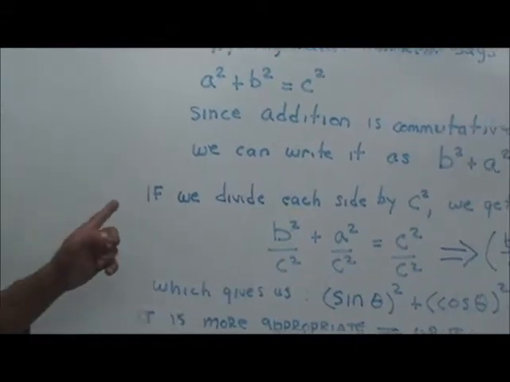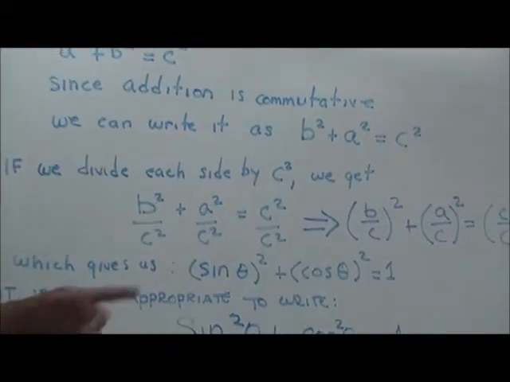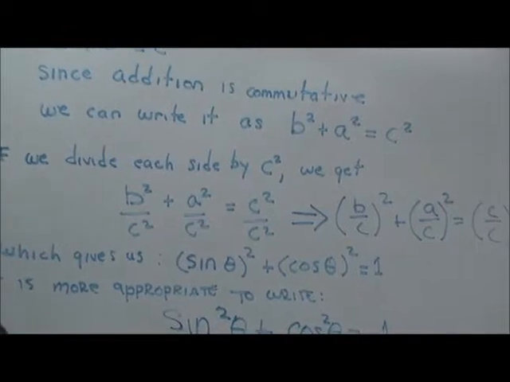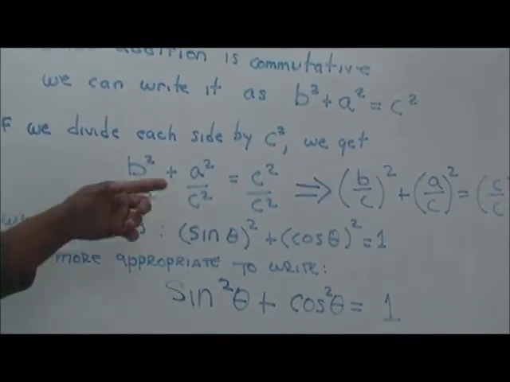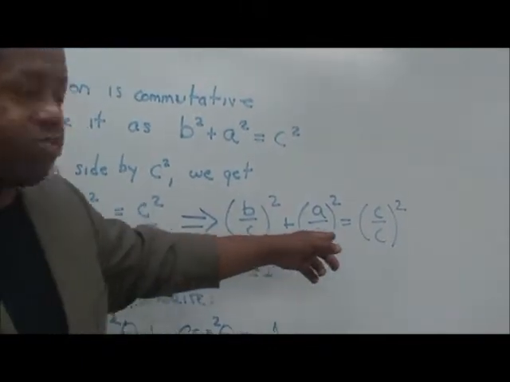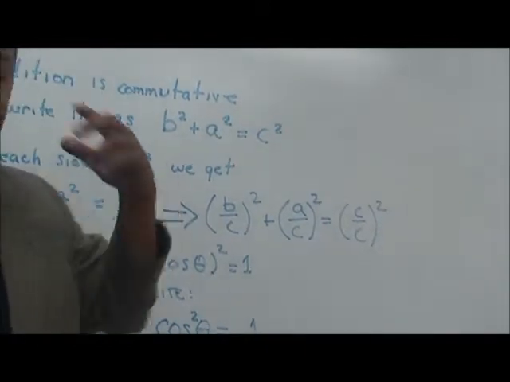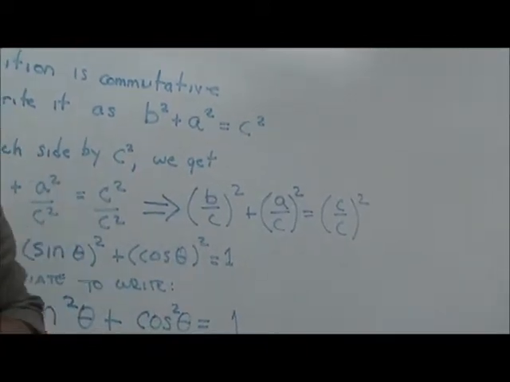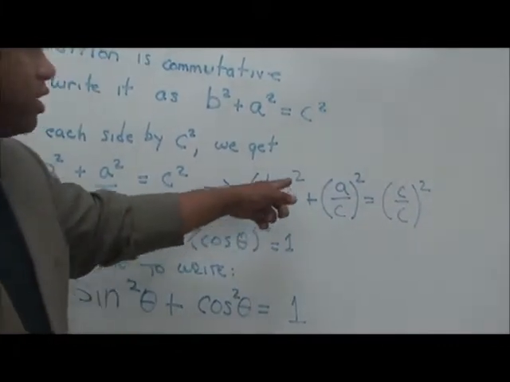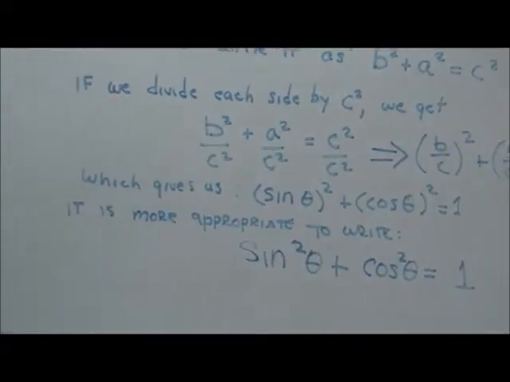Now, if we divide each side by c squared, we get b squared divided by c squared plus a squared divided by c squared equals c squared divided by c squared, which in turn gives you this expression here as well. This gives you an idea of your trigonometric identities. As you see, (b over c) squared plus (a over c) squared equals (c over c) squared, which equals 1.